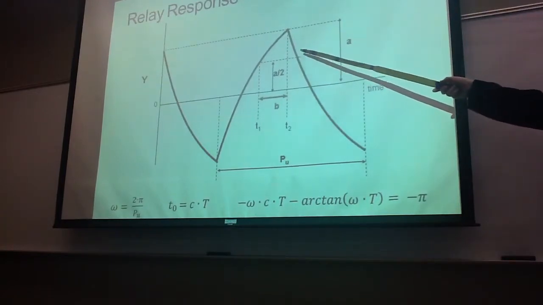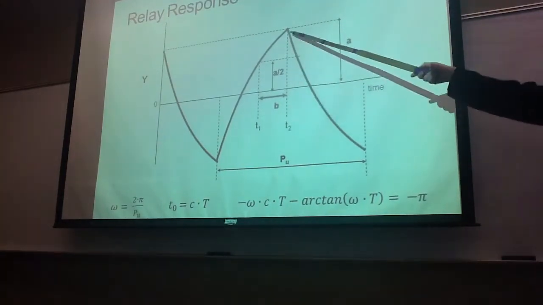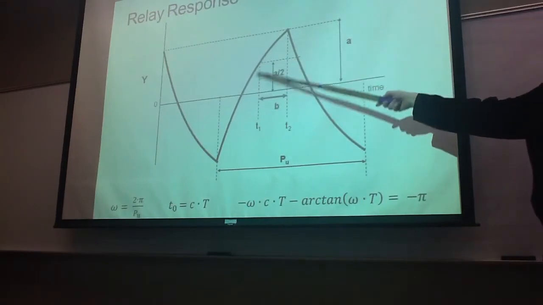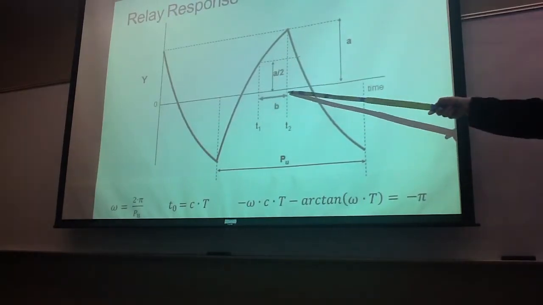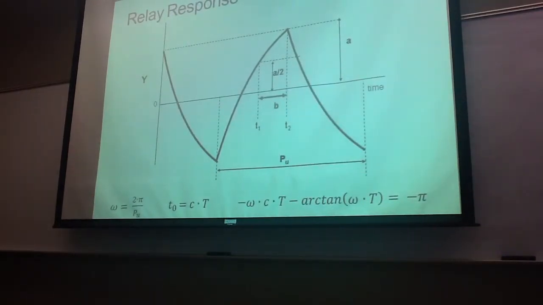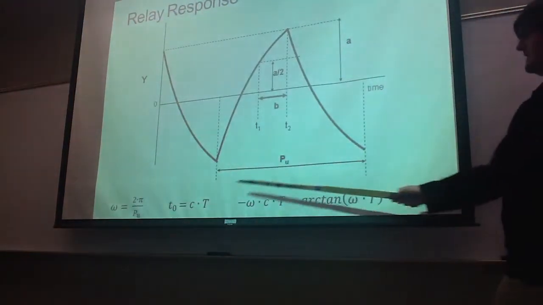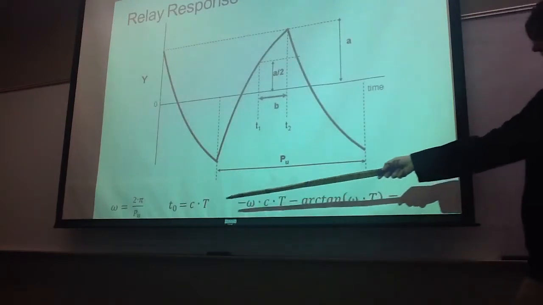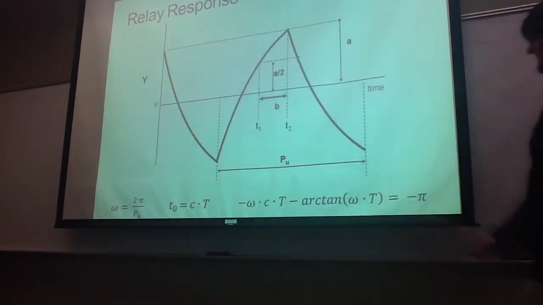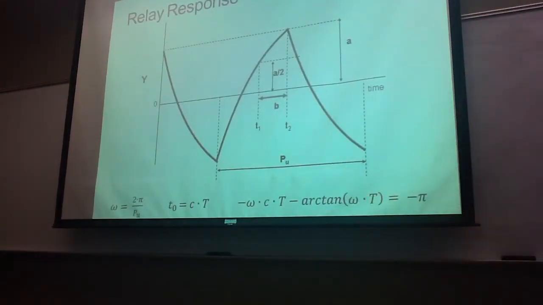You take half of that A thing and the time at the peak and the time when half the A thing crosses the curve, and you find this B thing that's related to this whole thing called F, which is related to omega, and omega is related to period ultimate, and dead time is related to C, which is related to F that I discussed, and then you get this whole thing, and you try to find your parameters based on that. I used an Excel solver because it seemed easiest. I did not want to try to mathematically solve something with arctangent in it because it's been a long time since I've had to do that.